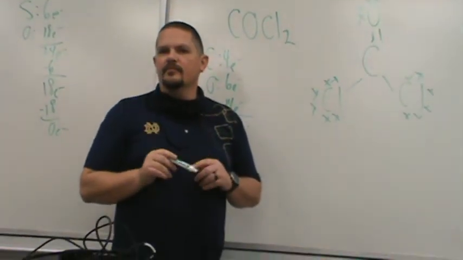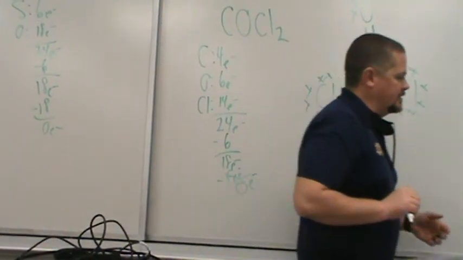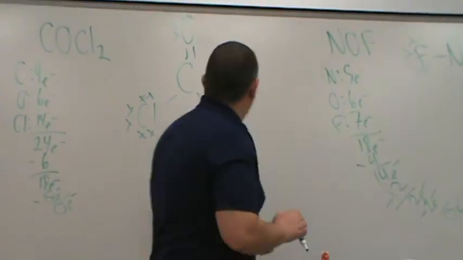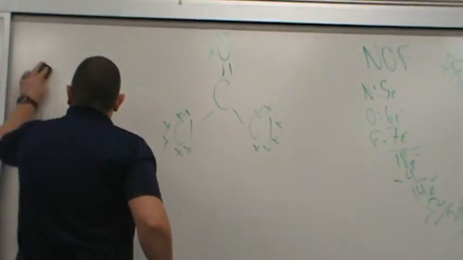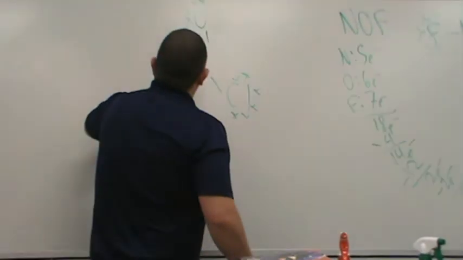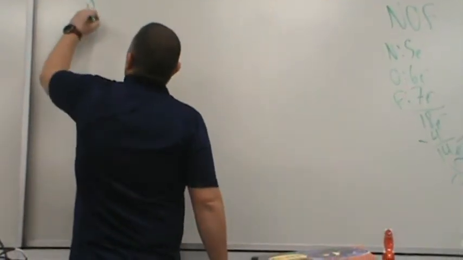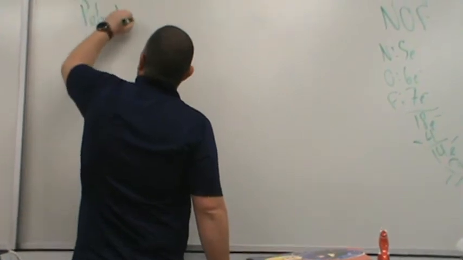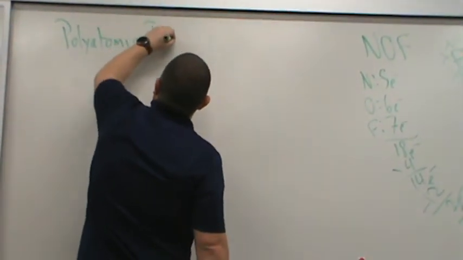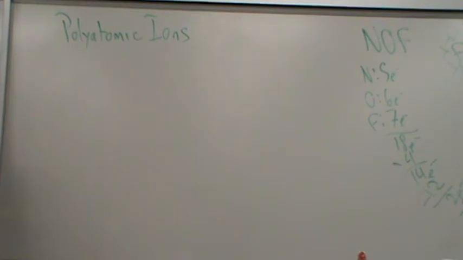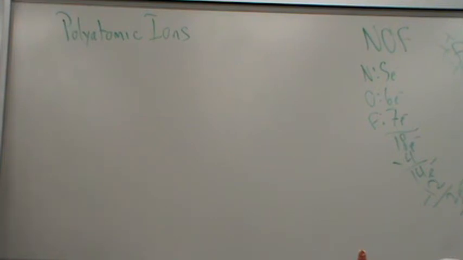Okay, so now, going along with this, let's look at another item that we're really going to be looking at the next couple chapters. We're going to be looking at polyatomic ions. Polyatomic. What does poly mean? Many. Atomic.